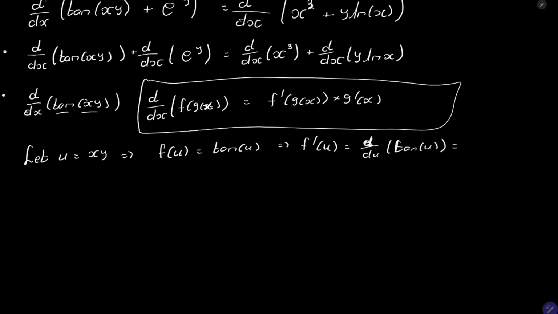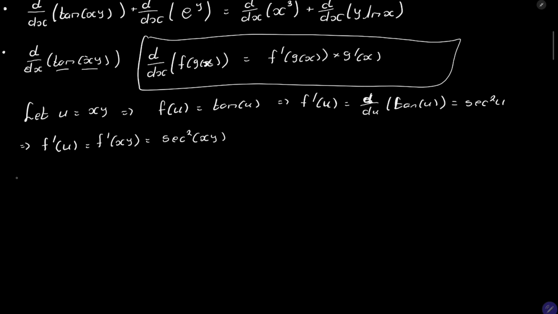Recalling from our differentiation of trig functions, the derivative of tan u is sec squared u. So f prime of u, which is f prime of xy, is equal to sec squared of xy.